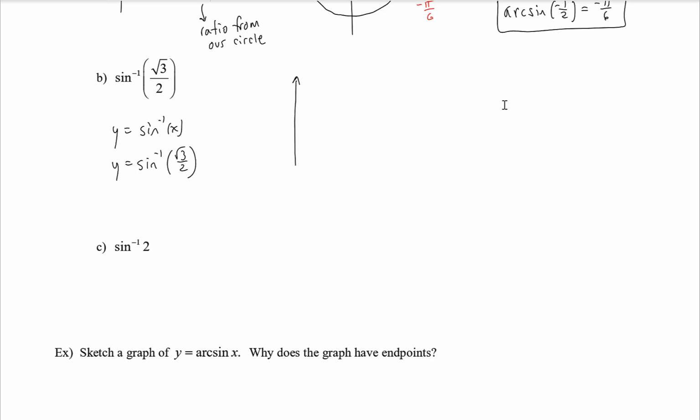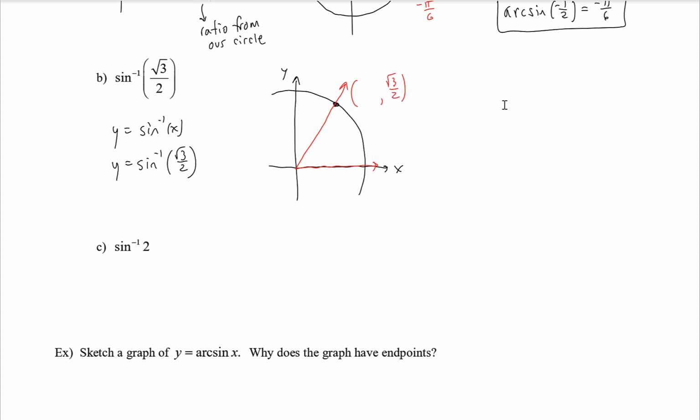So I'm just going to draw that part of the unit circle. And I want y to be √3/2. So that would be, what's that, about 0.85. So it's going to be up here somewhere. And I need the angle that goes there. Ooh, but again, I know what that is.